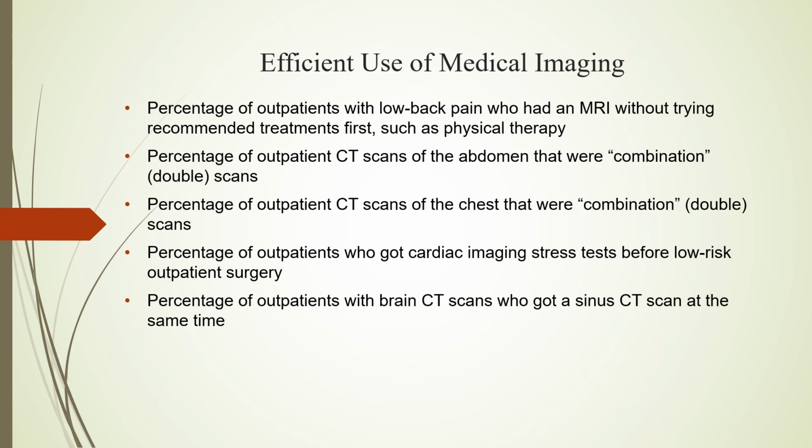Percentage of outpatient CT scans of the chest that were combination scans. Percentage of outpatients who got a cardiac imaging stress test before low-risk outpatient surgery. Percentage of outpatients with brain CT scans who got a sinus CT scan at the same time.